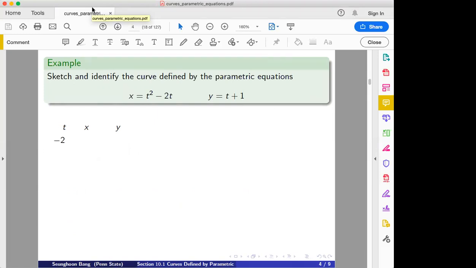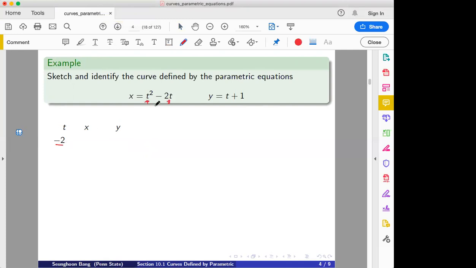t equals -2. What is x? Could you write your answer on the chatting board, please? It's good, you're right. Thank you, all right, guys. You can plug -2 into here.